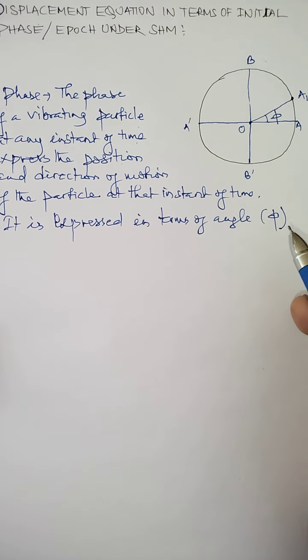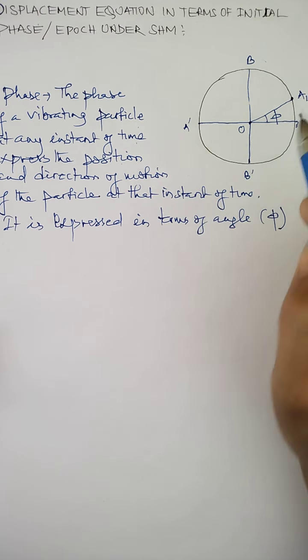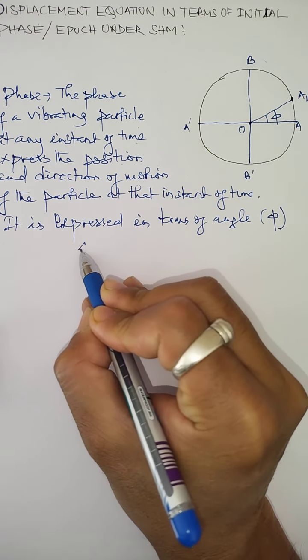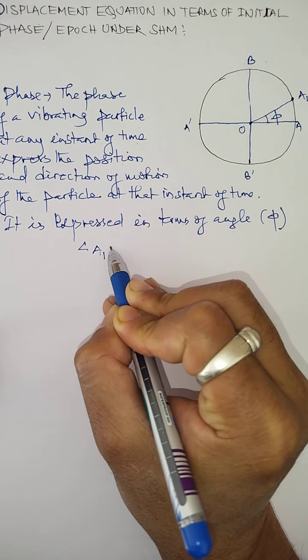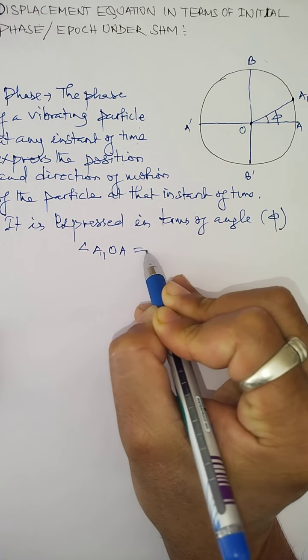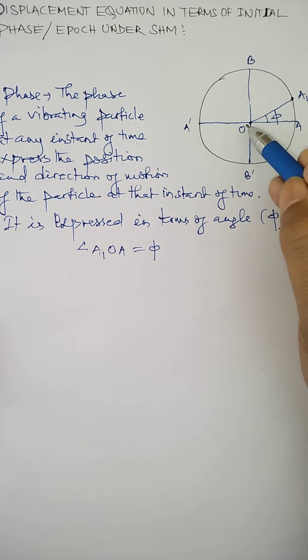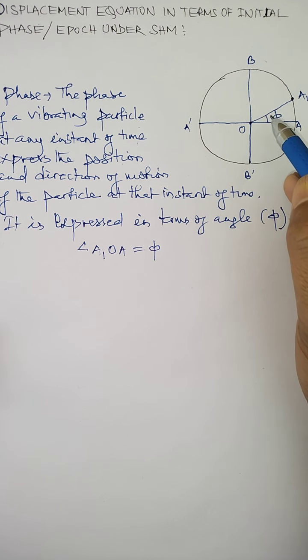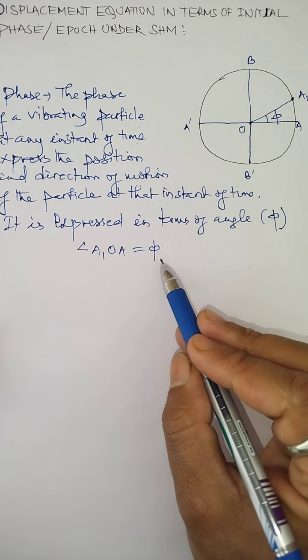As per the diagram, the position of the particle with the reference line makes the angle A1OA, and this angle is phi. So A1OA is the initial phase angle, and that is called epoch, and that is given by phi.